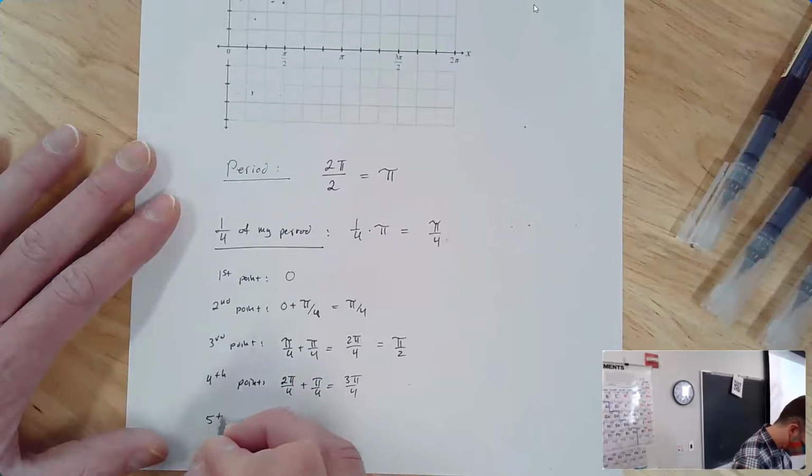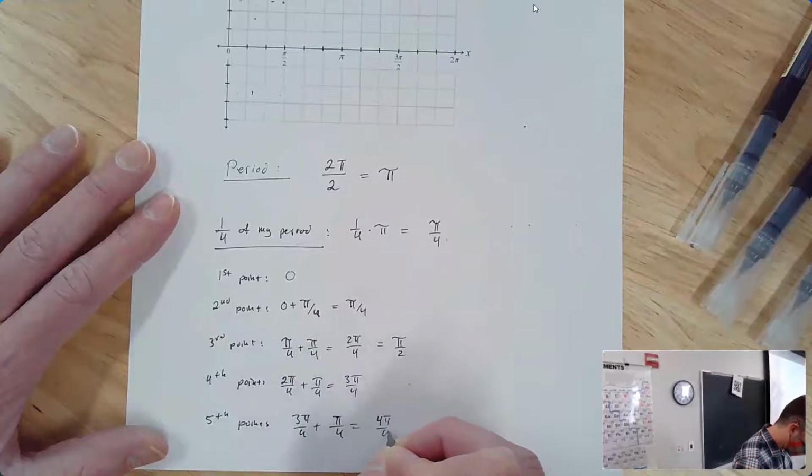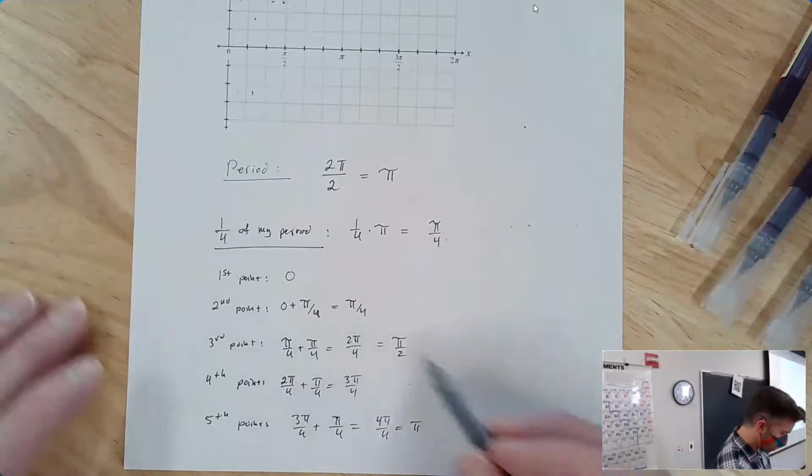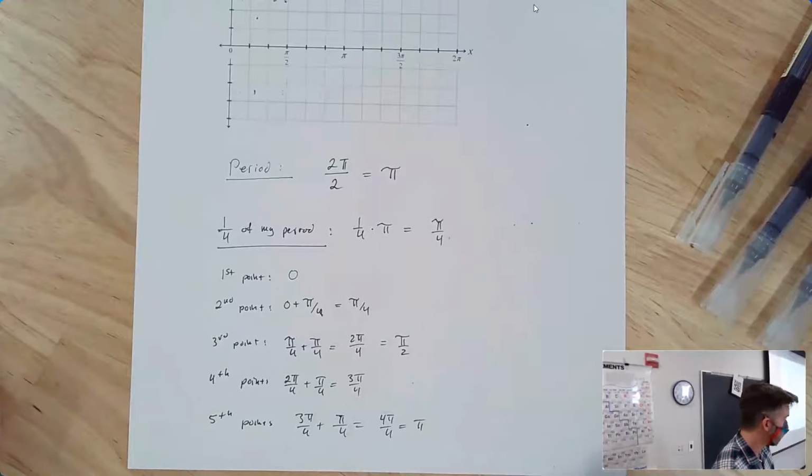And then my last point is going to be 3 pi over 4 plus another pi over 4, which is 4 pi over 4, which is pi. And from 0 to pi is 1 full period, so we're good.